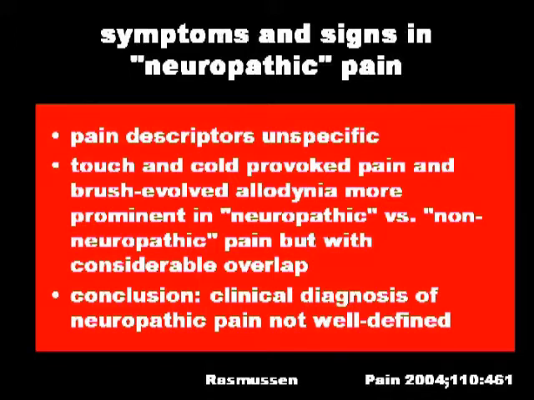That means that if you have a chronic pain patient after hernia operation, you cannot say for sure, based on these pain descriptors, whether it is a neuropathic pain or a somatic pain, nociceptive pain. But if you have 200 patients, you can probably say something in general about the groups.